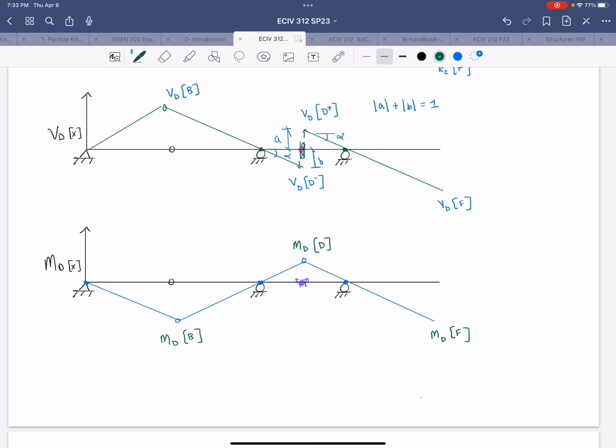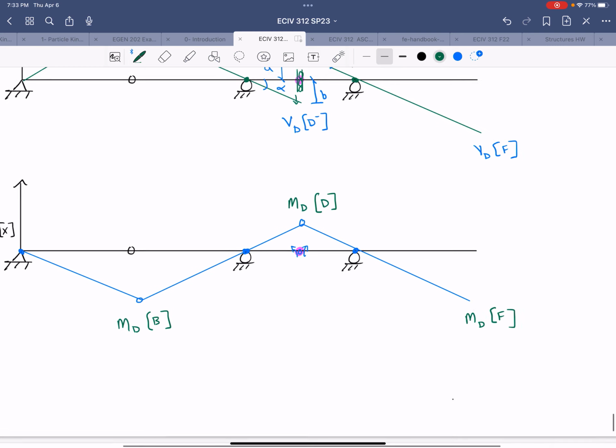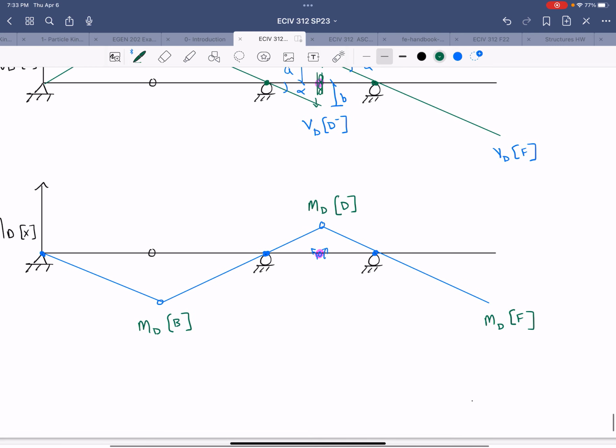So breaking down a few items of the geometry here, what we did is applied a unit rotation. So that's different from a unit displacement, a vertical displacement that we've been doing with shear and reactions, right? So that means this distance is not equal to 1, all right?